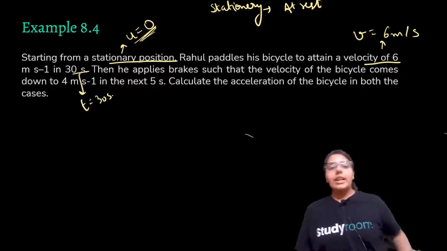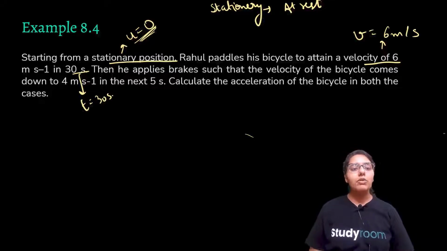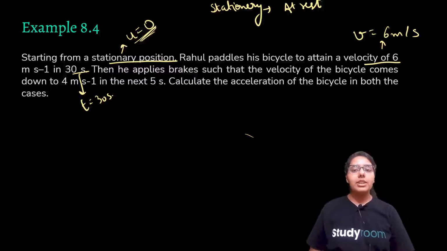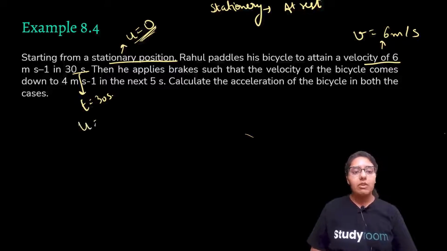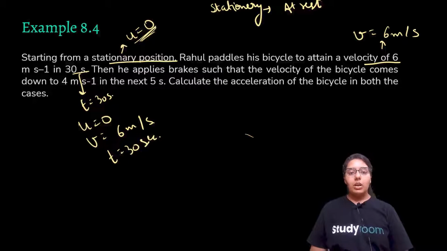Then he applies brakes such that the velocity of the bicycle comes down to 4 meter per second in the next 5 seconds. So in the first case, what is happening? Your initial velocity is 0 and your final velocity is 6 meter per second and your time is 30 seconds. Can you calculate the acceleration in this case?